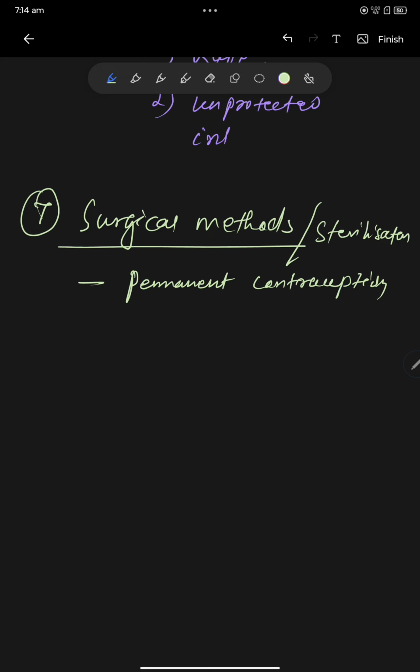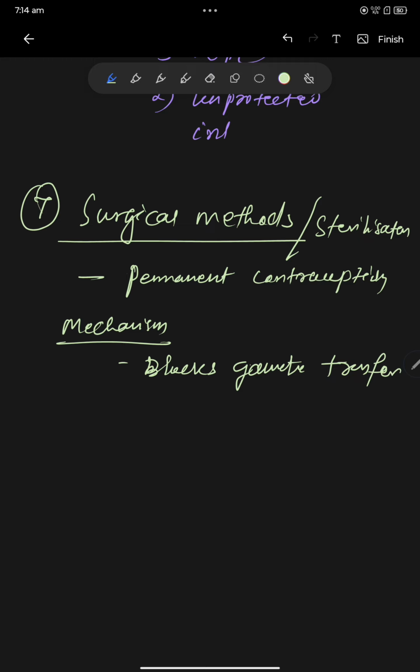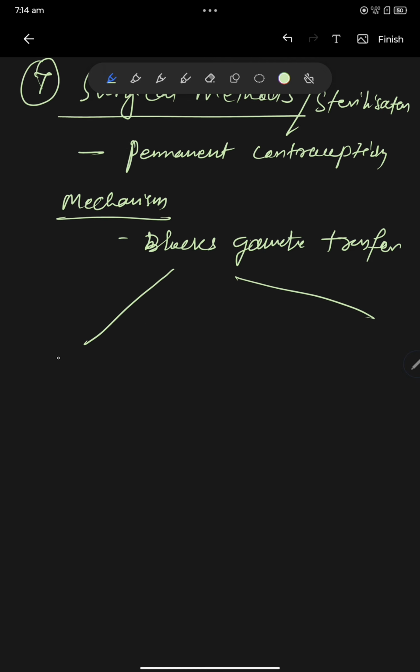If the couple does not want further children, then they can adopt this one. What is its mechanism, or the principle? It blocks gamete transfer. Okay, so it is of two types: vasectomy and tubectomy.